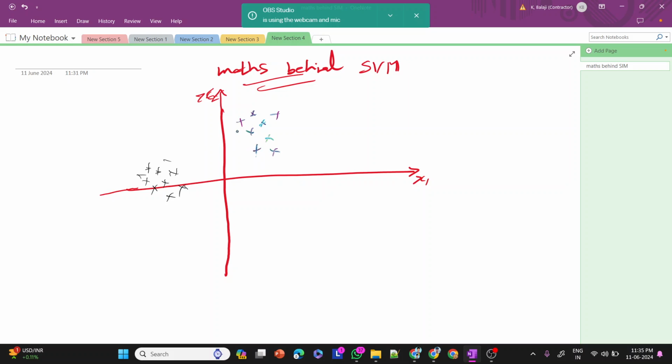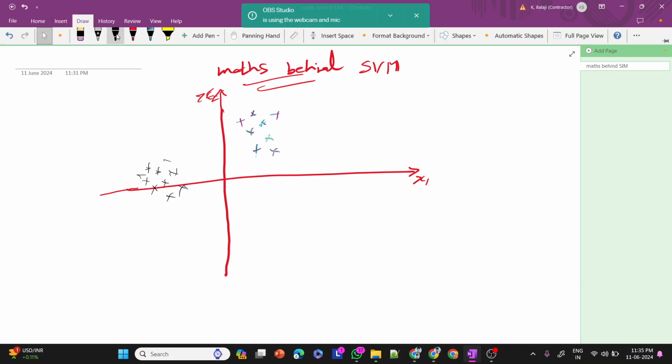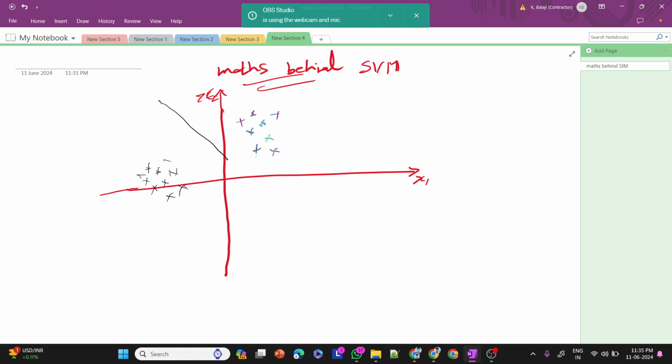Our task is to find a hyperplane that separates these two groups. This is the hyperplane, and there is another supporting line that is called the marginal line.